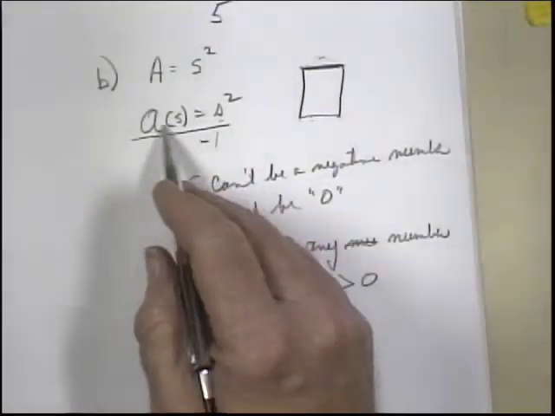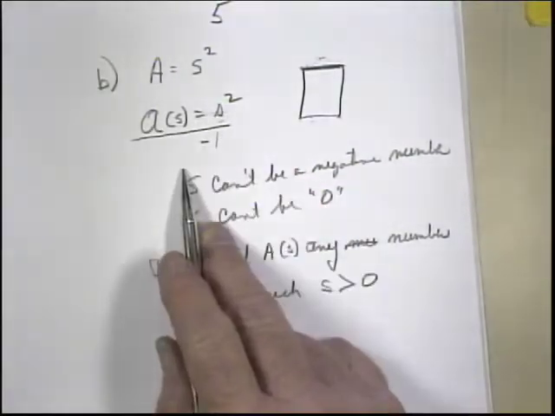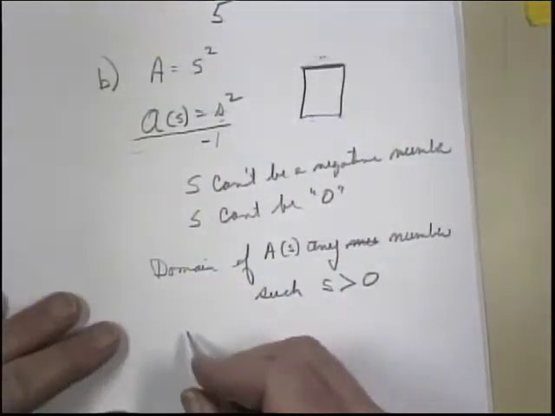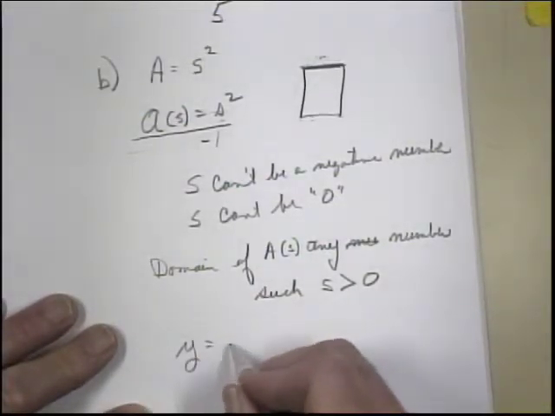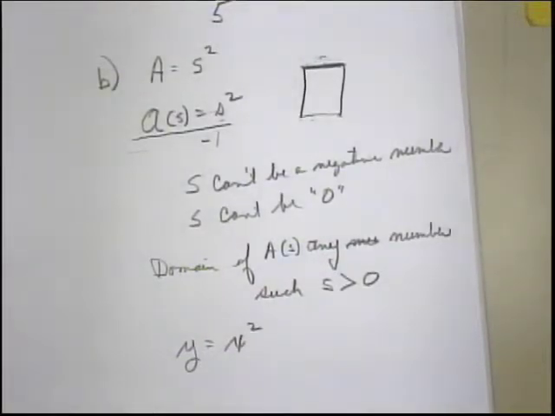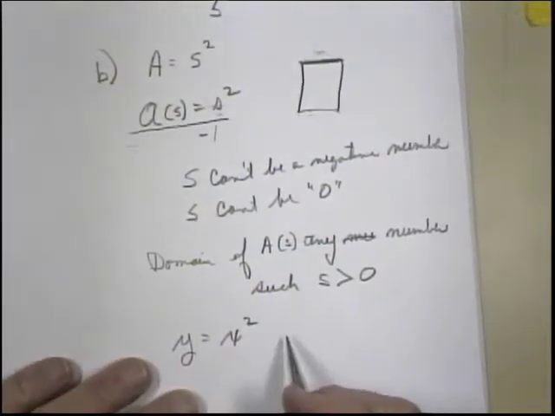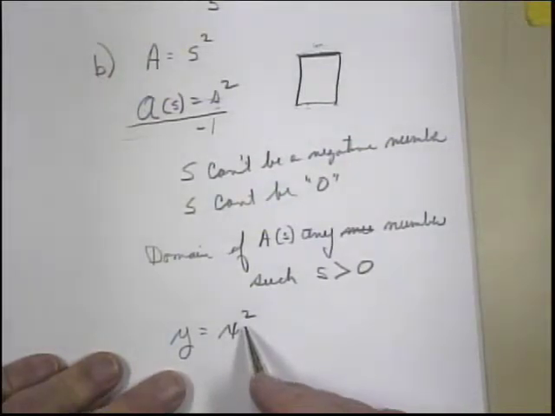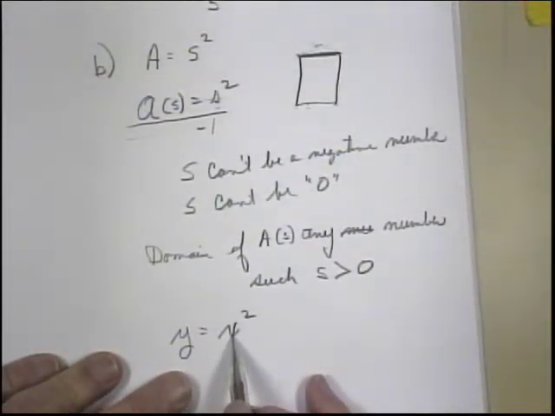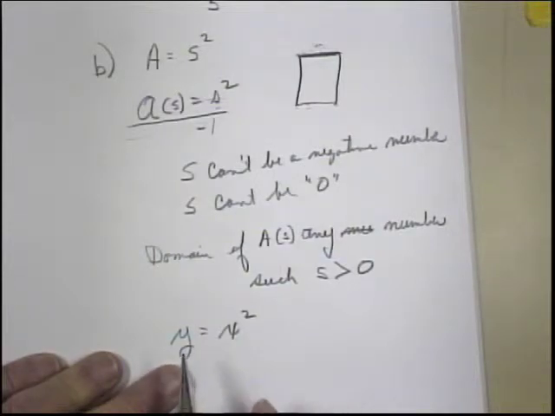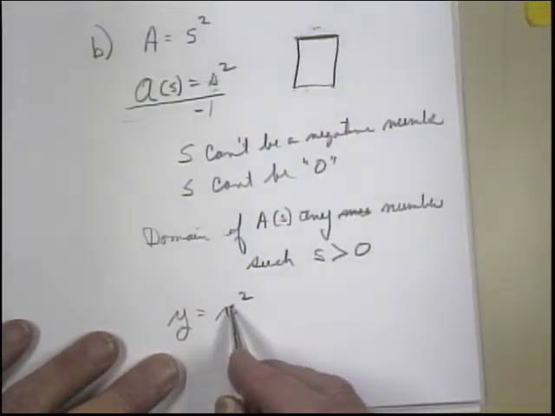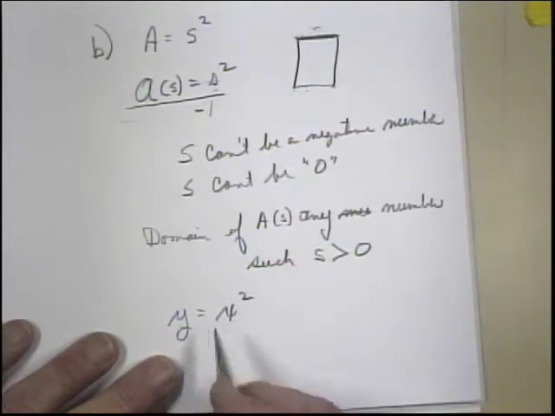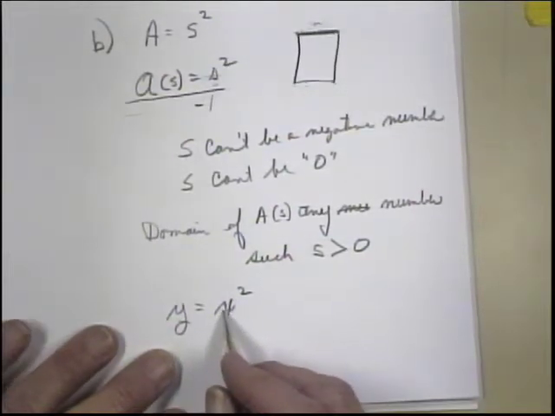Now, if you didn't have this defined as a square and the sides of a square, if this were just an equation, y equals x squared, this is a function, because each value of x generates just one value of y, one unique value of y. So this is a function, and you could have a negative number here.